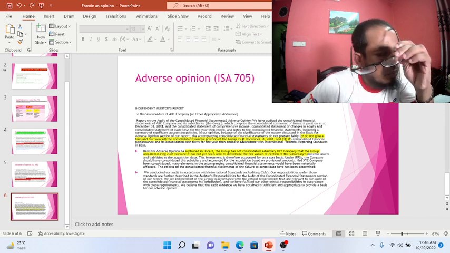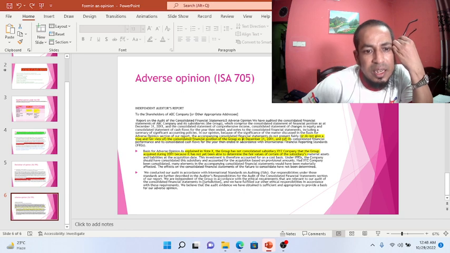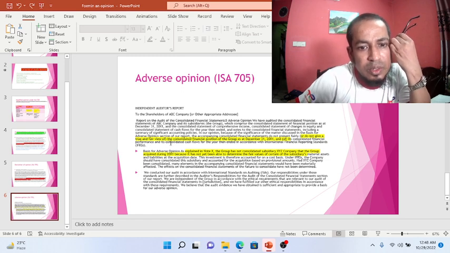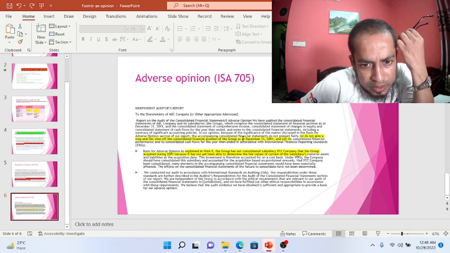The auditor certifies that this does not exhibit a true and fair view of the consolidated statements. Why? This we should know. Equity, including a summary of accounting policies.